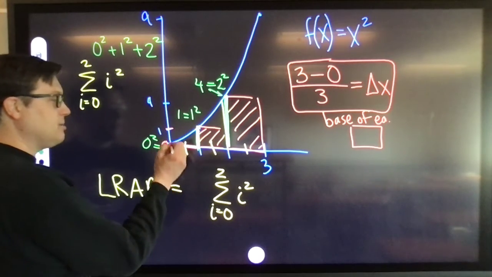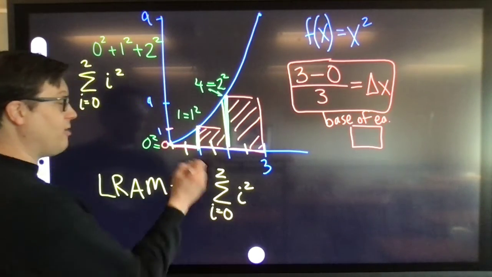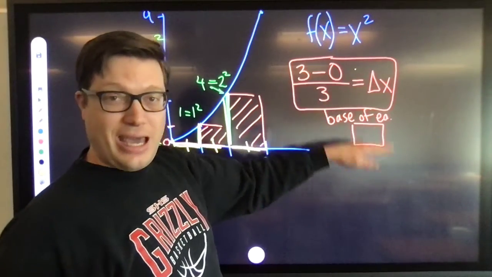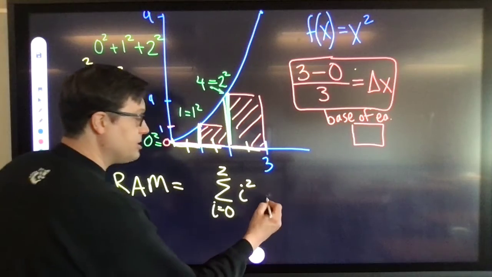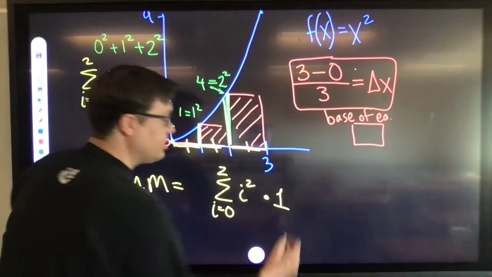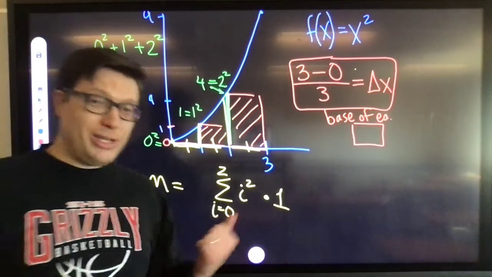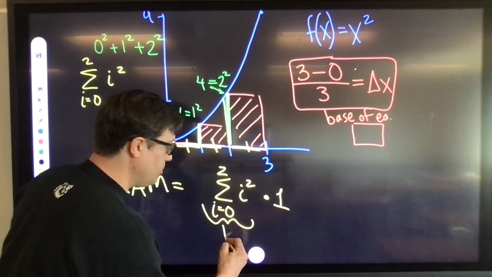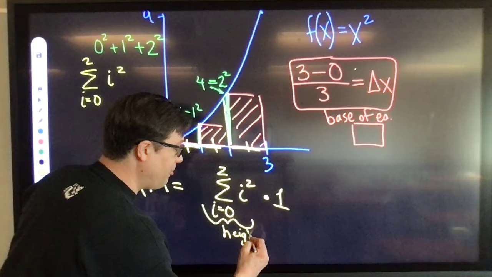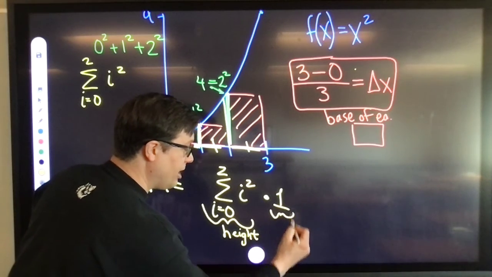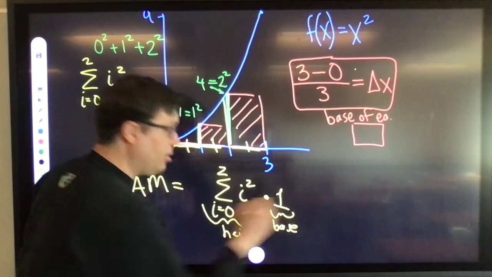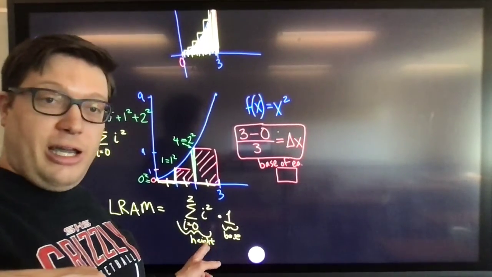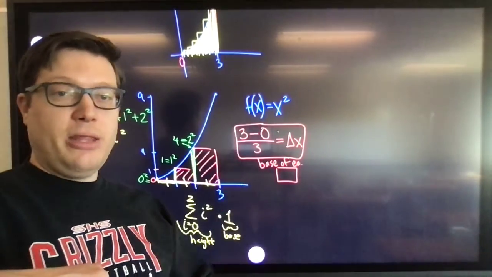Height plus height plus height. Fortunately for us, we have all the same base and base and base. That is delta x. So in this problem, I'm going to put times 1. This is still using the structure of base times height. There's our height, there's our base, we multiply them together.